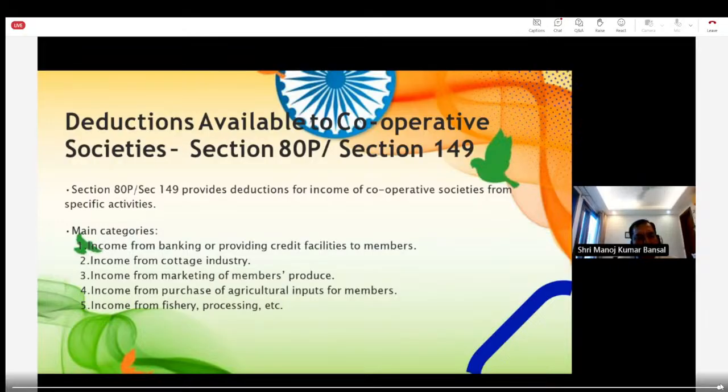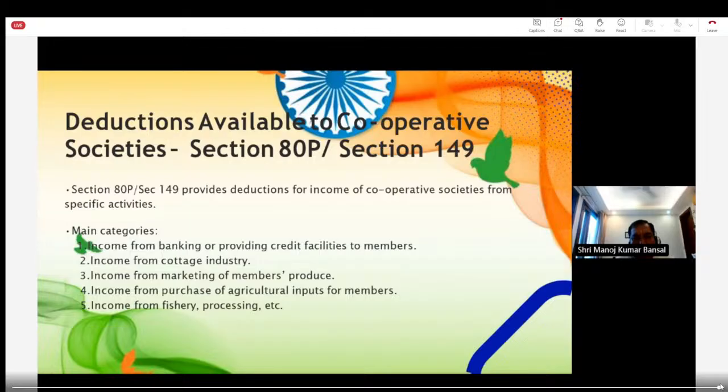Income from cottage industry. A cottage industry is a small scale, decentralized manufacturing business operated out of a private home or a local community space rather than a large factory. Cotton and silk handloom weaving, carpet, pottery, small food processing units are there in cottage industries.